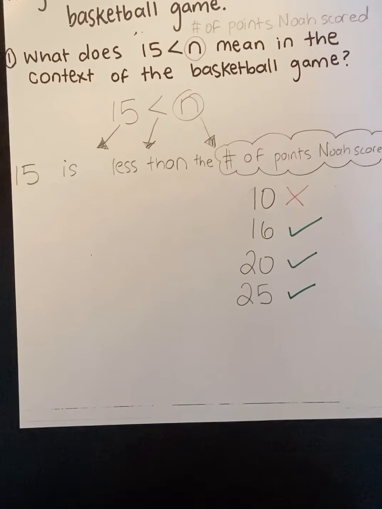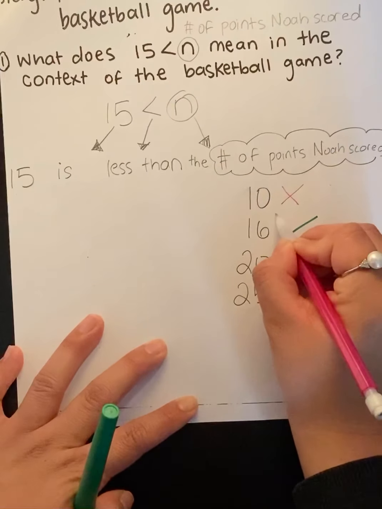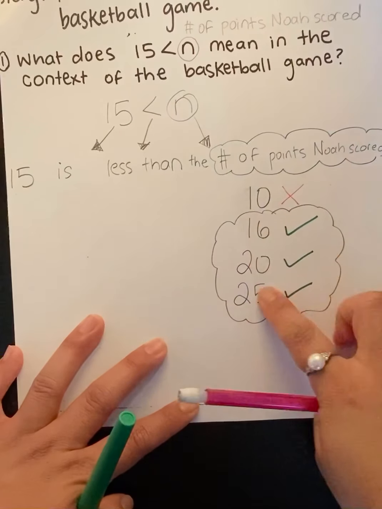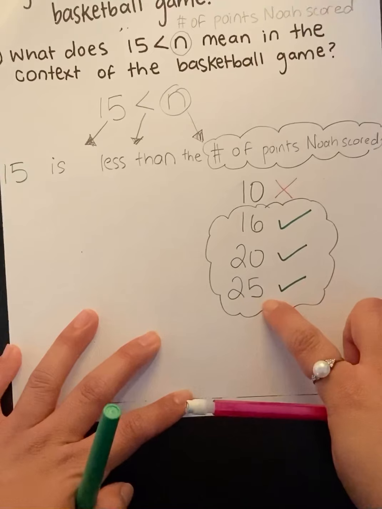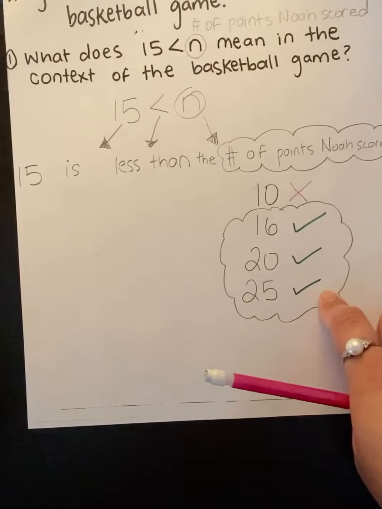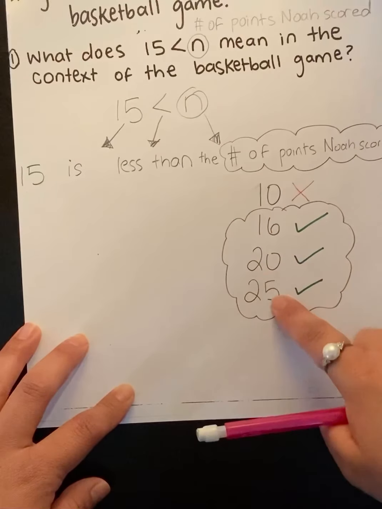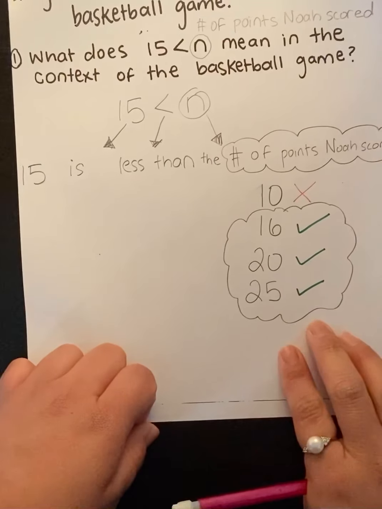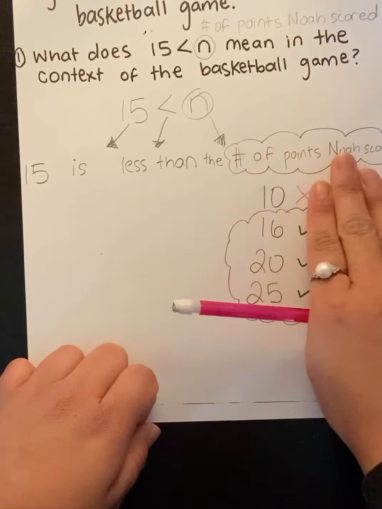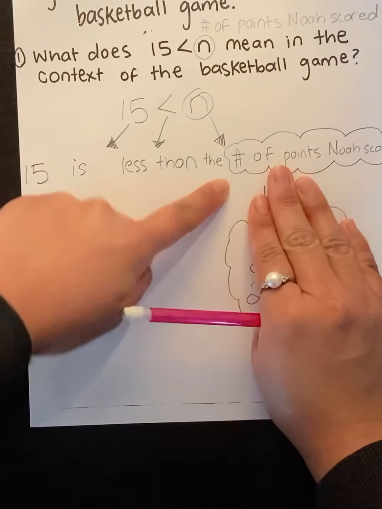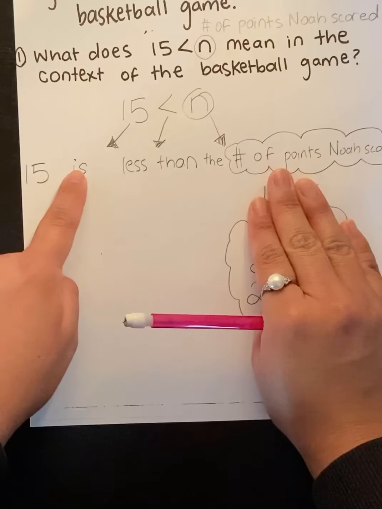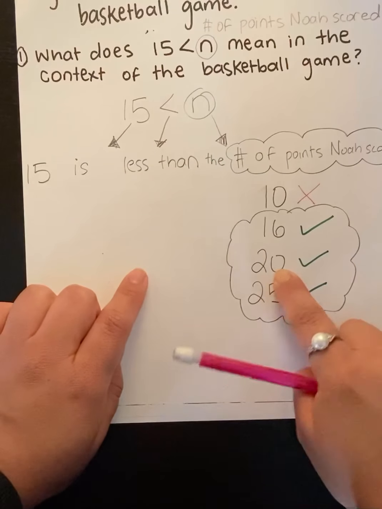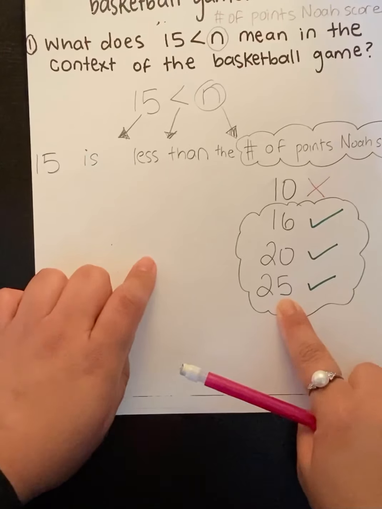So what I have here is 3 possible numbers of points that Noah could have scored. He could have scored 16, 20, or 25 because when I put these 3 numbers in for the number of points, it makes this sentence true. 15 is less than 16, less than 20, and less than 25.